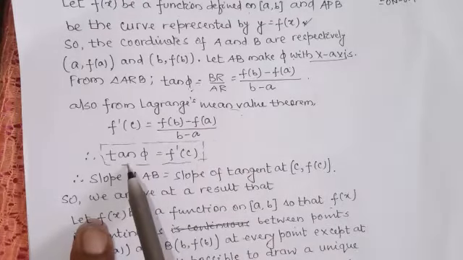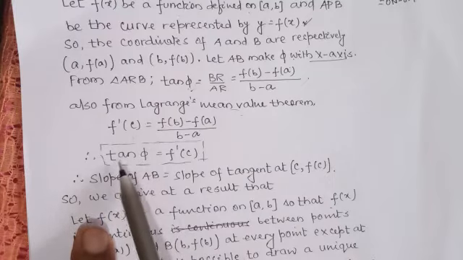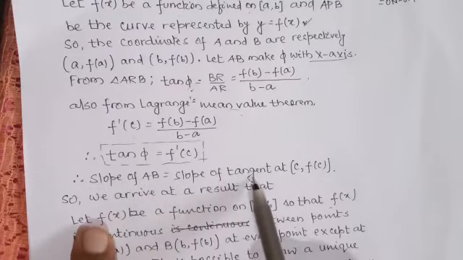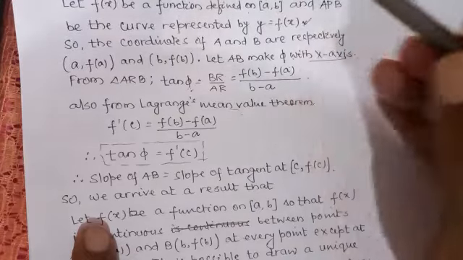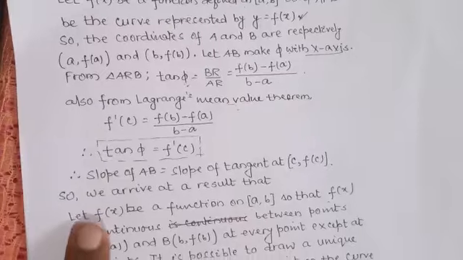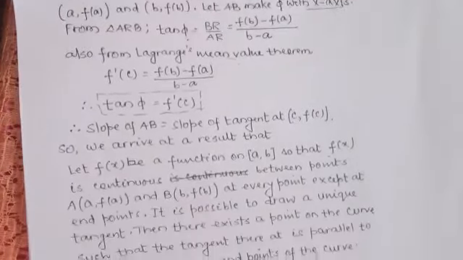Tan, you already know, represents slope in coordinate geometry. So we can say the slope of AB should equal the slope of the tangent at point P, or at point C, f(c).